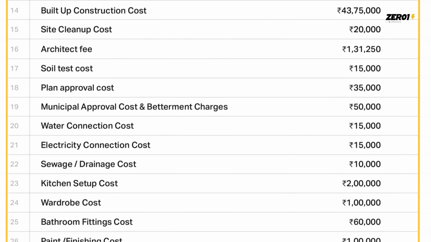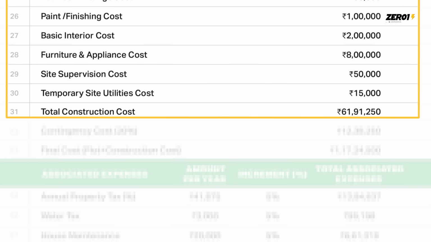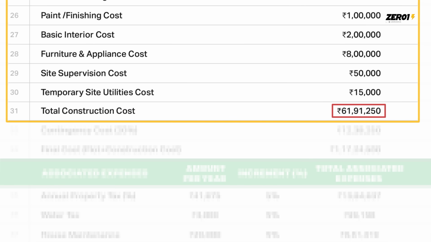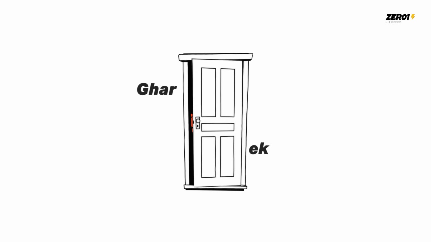And after adding all of this, our total construction plus all of the fit outs, the cost is 61.91 lakhs. Now, very, very important for you to under budget and over save. So if this is your target, please make sure you have this much as your budget because ghar ek kuan hai.